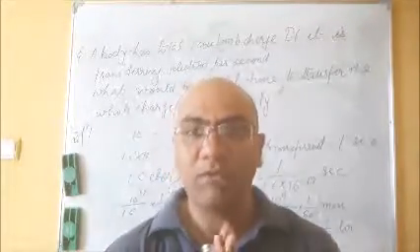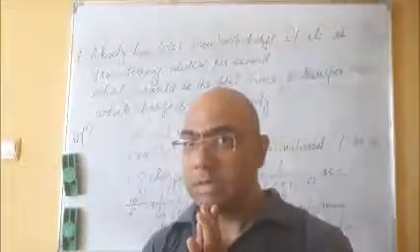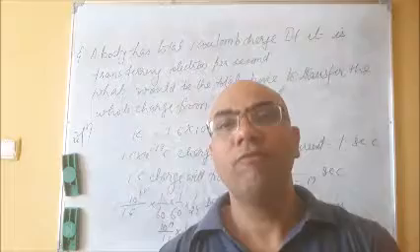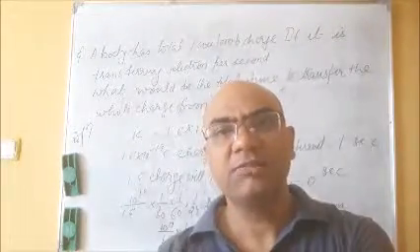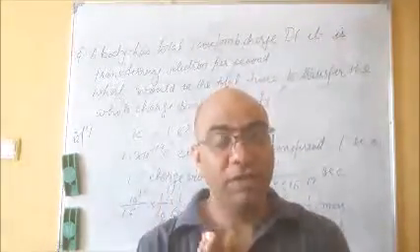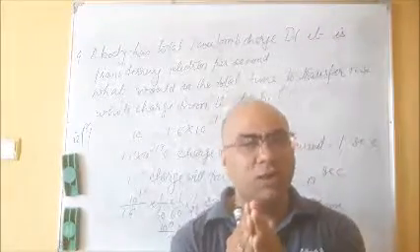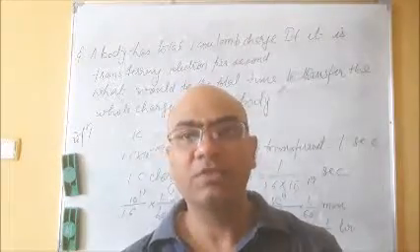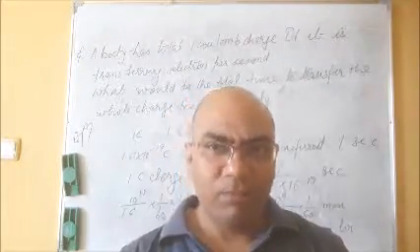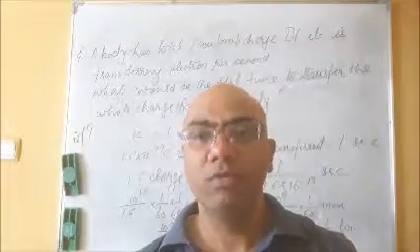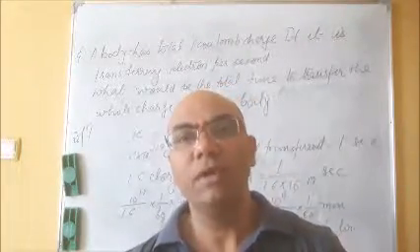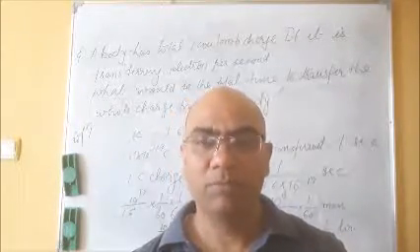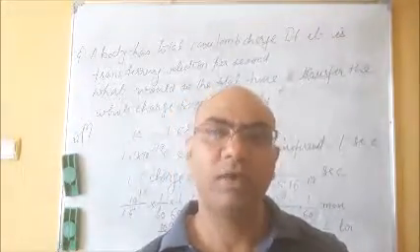So if I design a problem that we have 2 charged particles placed with each other, and I want to see at some points what would be the value of electric field, and I don't want to calculate the magnitude, that we will do later on. I just want to see at which point the value will be more and at which point the value will be less. So let us design this problem first on the board and then we will try to find the answer.